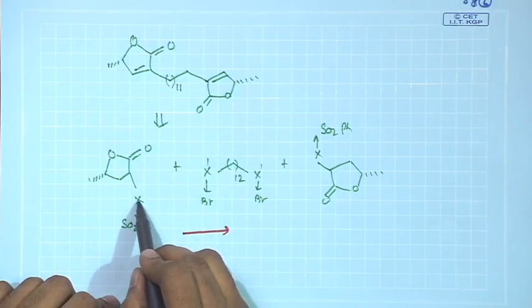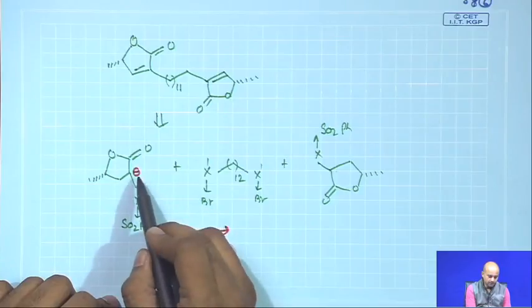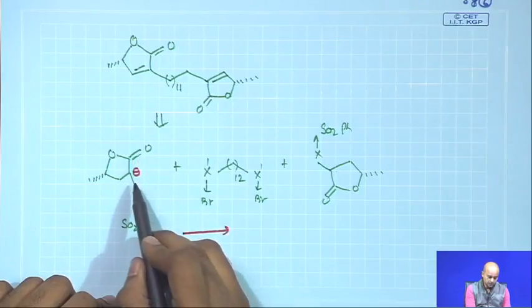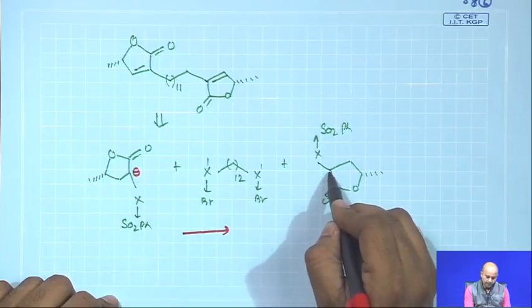If X is SO2Ph, you can easily generate a carbanion here, adjacent to the carbonyl and adjacent to the SO2Ph. Same thing can happen here.